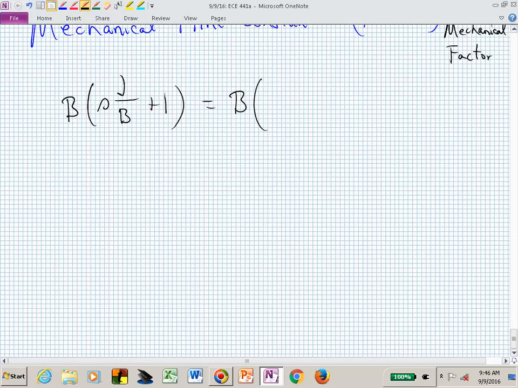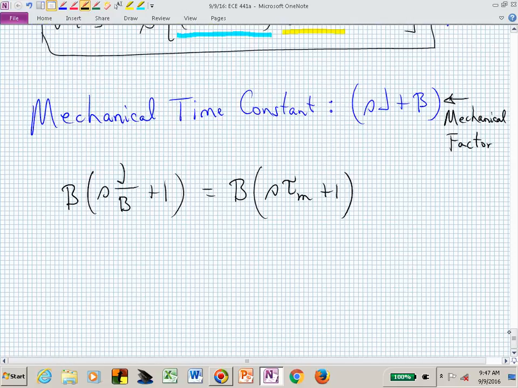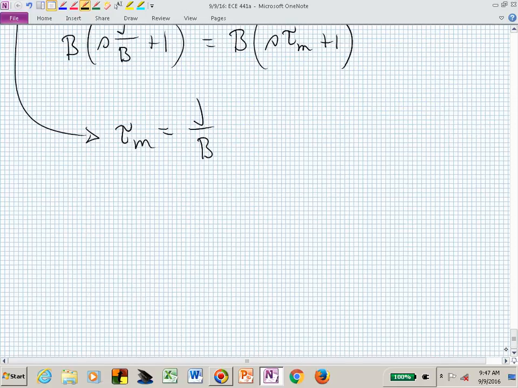So now something times per second, the units on that something to be dimensionless needs to be seconds. So this is really just S tau sub m plus 1. So our mechanical time constant is J over B. And we can do the same thing with the electrical side.